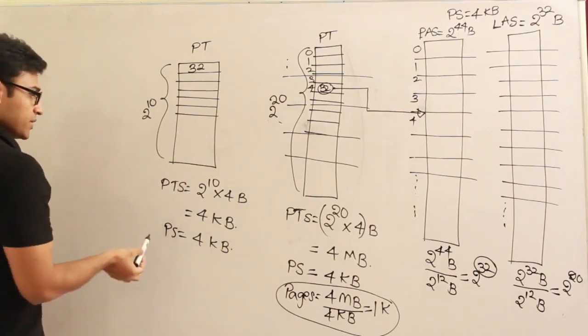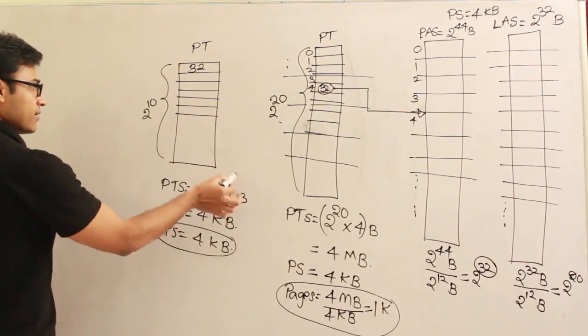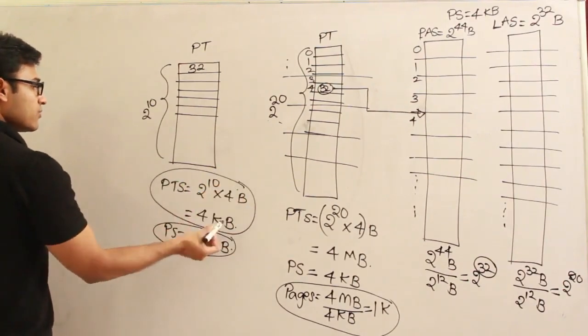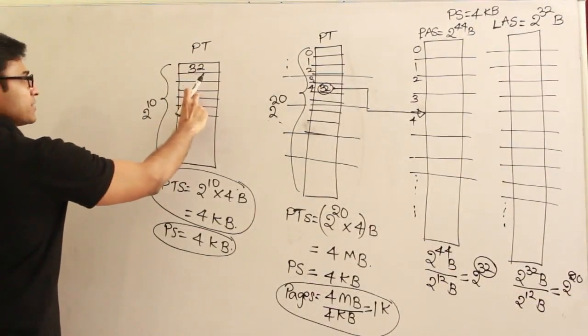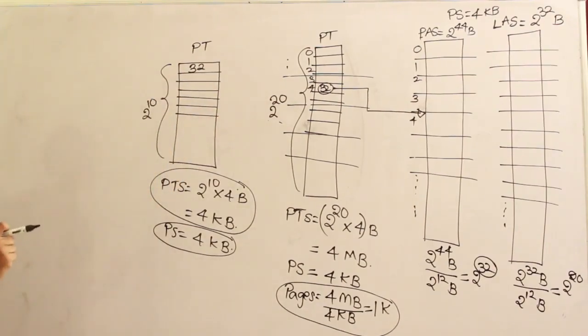Now if you observe this, the page size is going to be 4 KB and this level of page table also the size of it is 4 KB. Therefore happily this entire page table can go and sit in one frame. If you understood this, right?